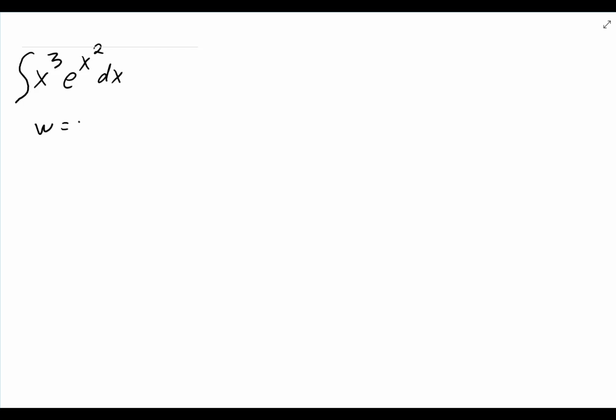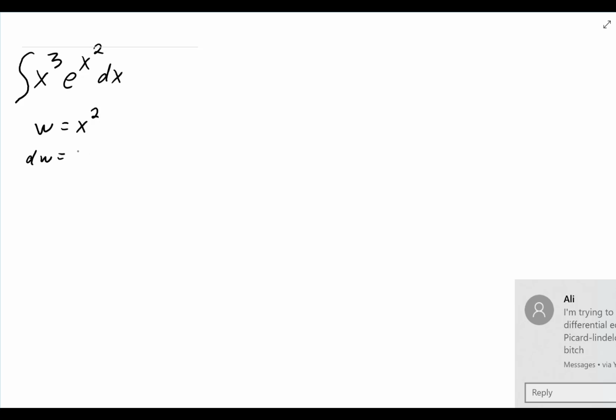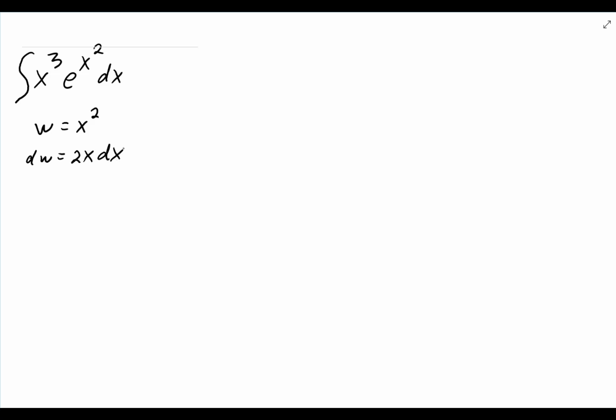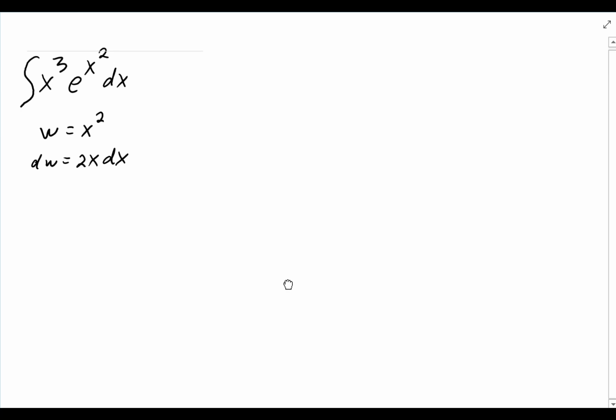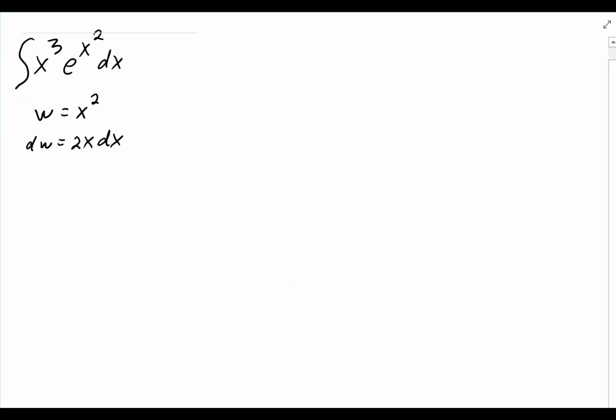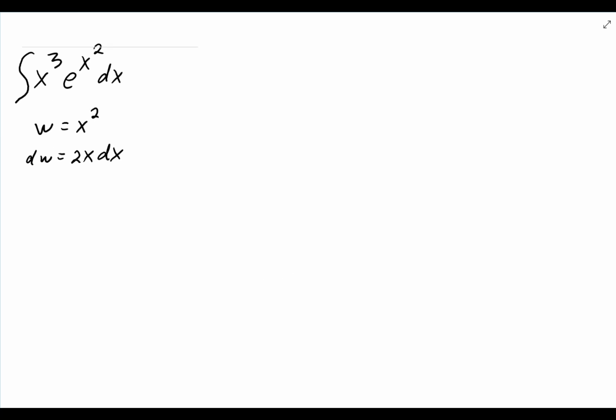So we're going to let w be x squared. dw is going to be 2x dx. And 1/2 dw is going to be x dx.